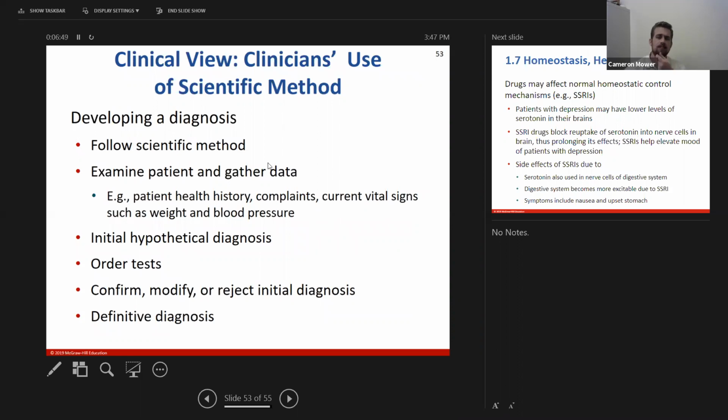And so the clinician's use of the scientific method is to examine the patient, gather data, come up with a hypothetical diagnosis, make some tests, and then confirm, modify, or reject the initial diagnosis or hypothesis until we can figure out what the definitive diagnosis is.